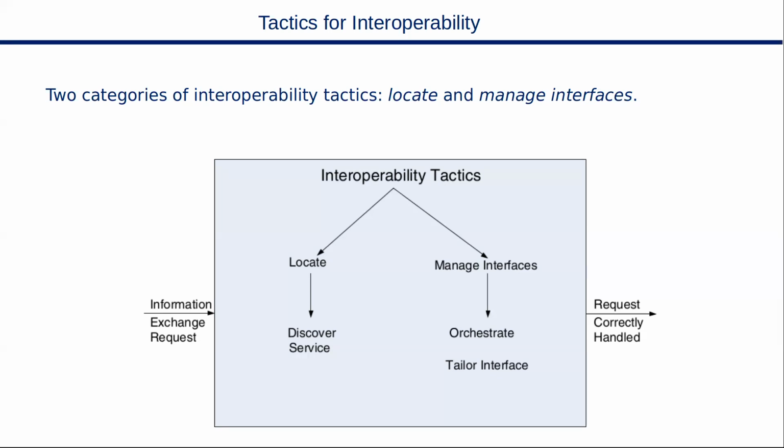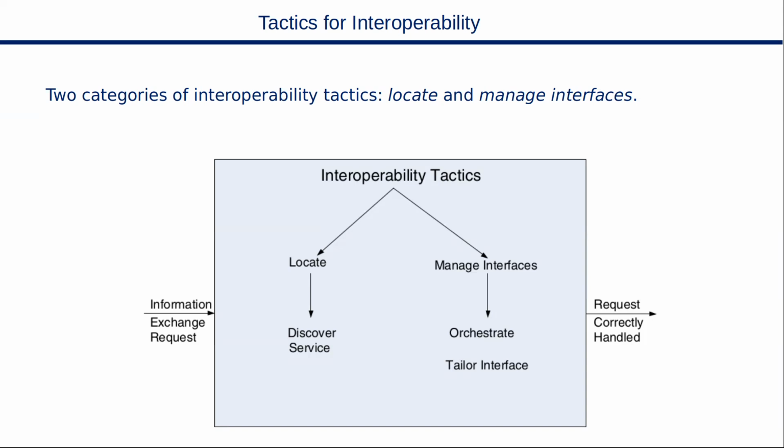Here we have the list of tactics for interoperability. They can be divided into two categories: locate and manage interfaces. For locate, the tactic that can be used is discover service. There is only one tactic in this category. It is used when the systems that interoperate must be discovered at runtime.